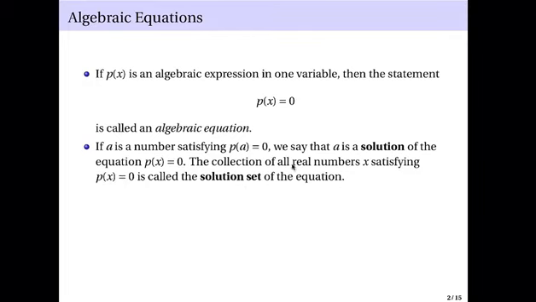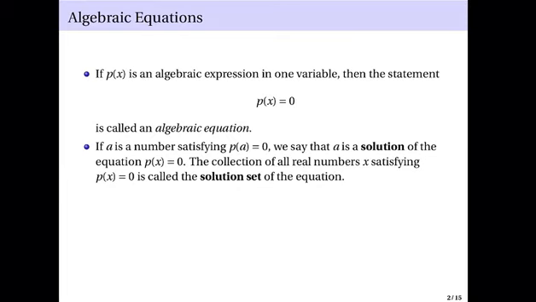Now, I want to emphasize that we will only be dealing with real numbers. So there is a bigger set of numbers, but we are not going to discuss that in this course. So all our solutions will only be in the set of real numbers.